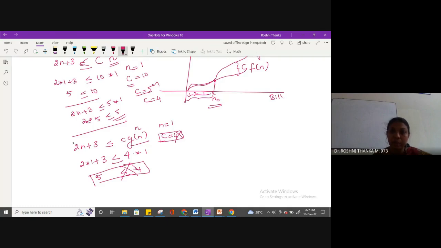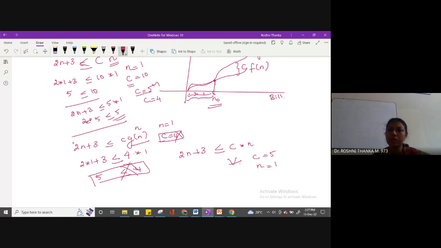So how can I derive this for the function? I can say 2n plus 3, our f of n function, is less than or equal to c into n, for c equal to 5 and n naught, or n, starting from greater than or equal to 1.